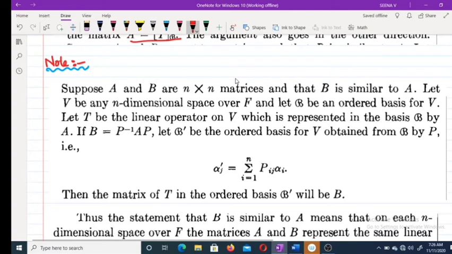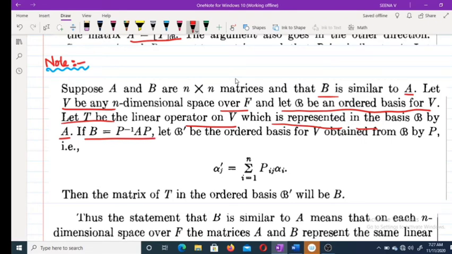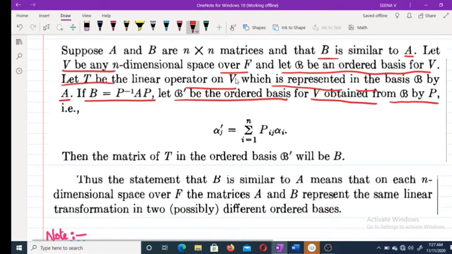Now, suppose A and B are n by n matrices and B is similar to A. Let V be an n-dimensional vector space over F and let B be an ordered basis for V, and let T be a linear operator on V which is represented in the basis B by A. If B equals P inverse AP, let B' be an ordered basis for V obtained from B by P, that is, alpha j' equals the sum from i equals 1 to n of p_ij alpha i.